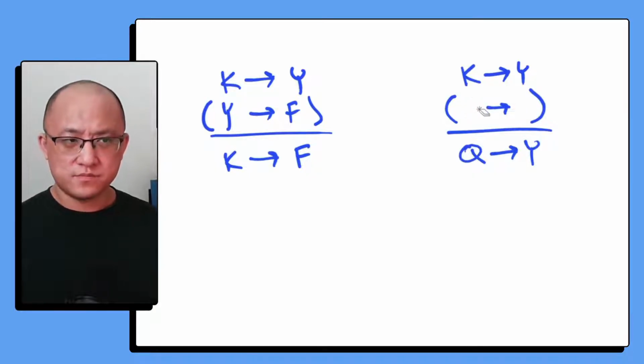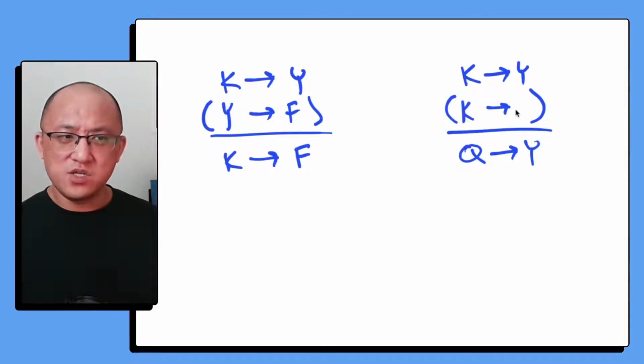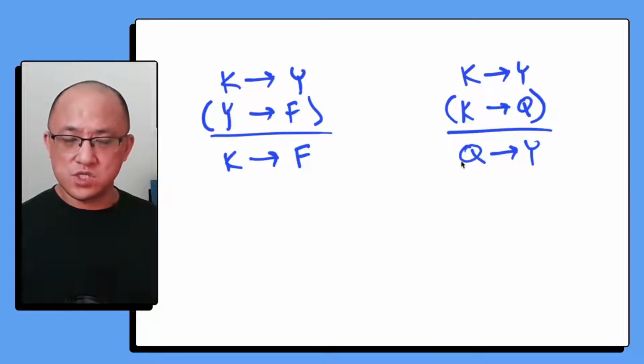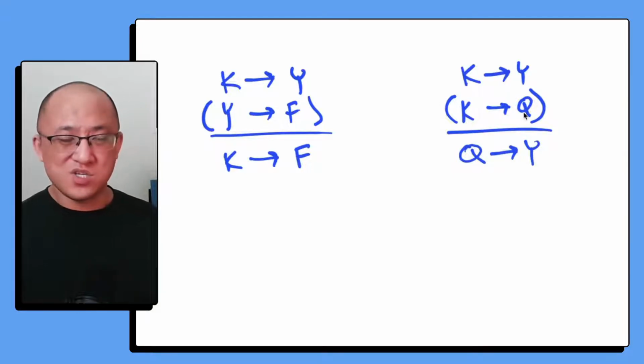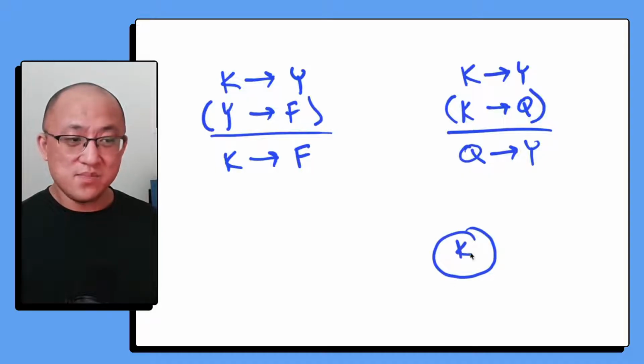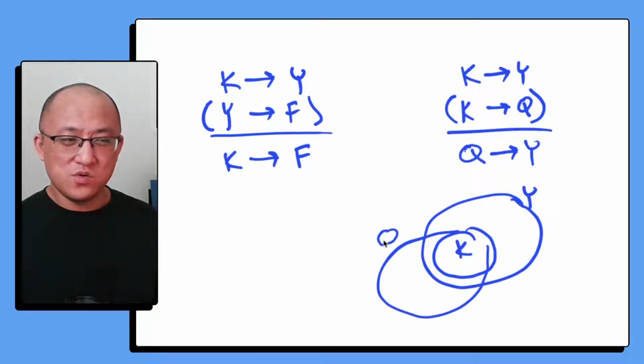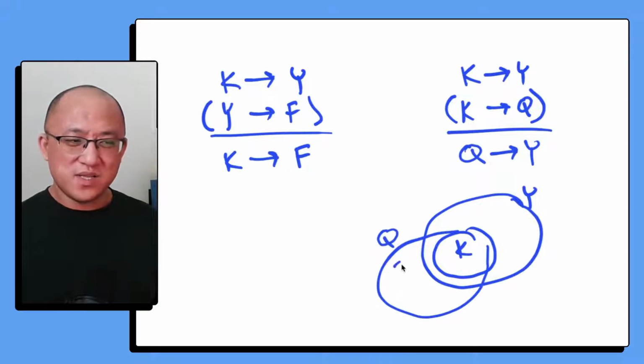Well, if we have if K then Q, is that going to help prove that every single Q is a Y? Well, no, the problem is I know all K's are Y. I know all K's are Q. So if you're thinking of this in terms of sets and subsets, every single K is a Y. I also know every single K is a Q, but do you notice that there could be plenty of Q's here that are not Y's?